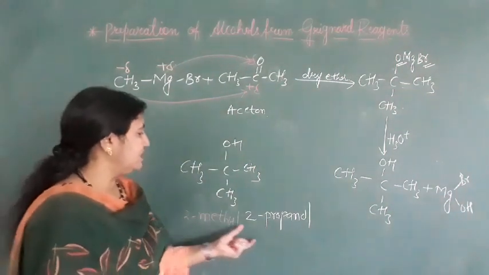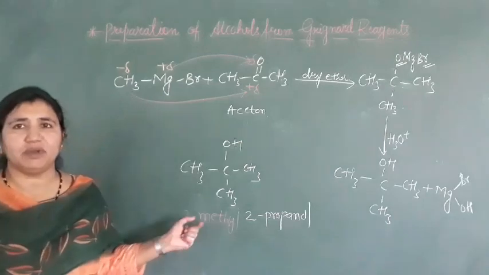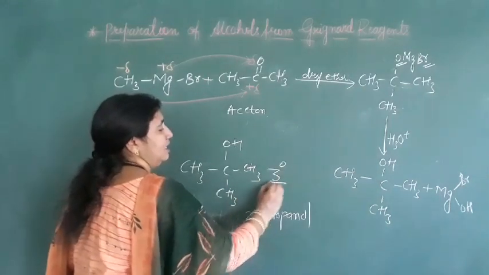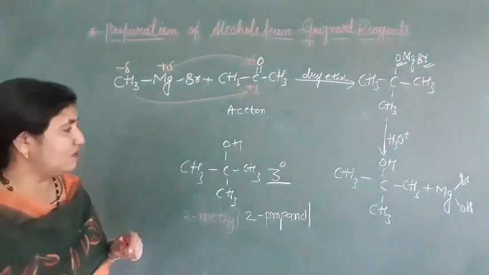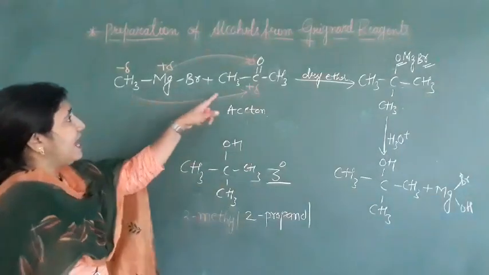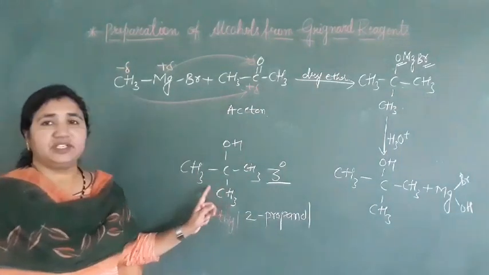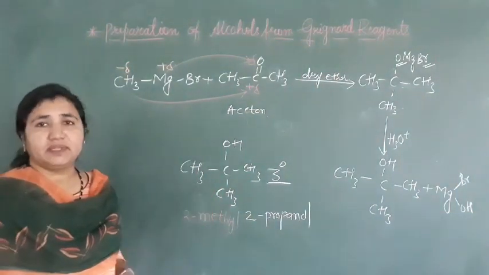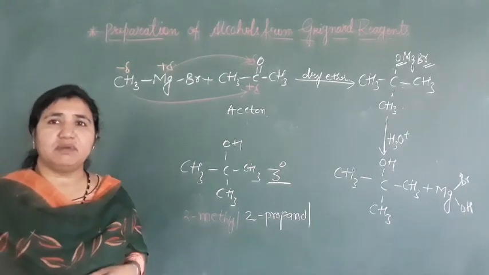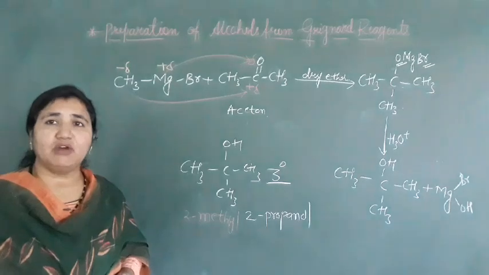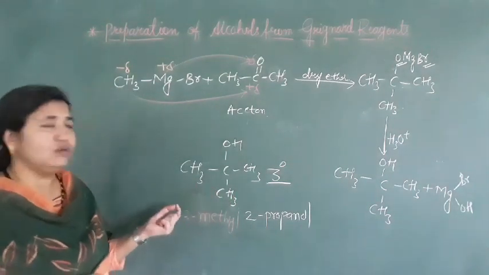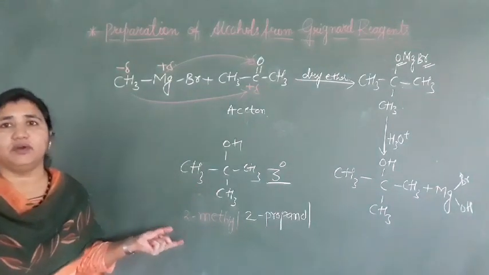So this is a tertiary alcohol. Grignard reagent when it reacts with ketones gives tertiary alcohol. The method is the same; only the products differ. Formaldehyde gives primary alcohol, other aldehydes give secondary alcohol, and ketones give tertiary alcohol.